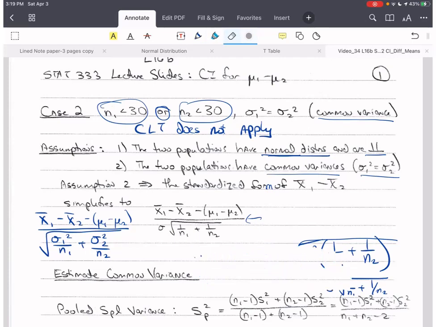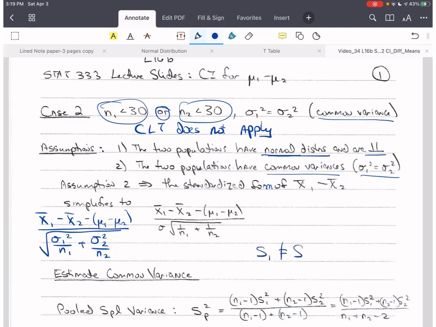Now, the problem is we don't know sigma. So we can't just use S, because just because sigma is statistically the same, that doesn't mean that S1 is equal to S2. Sigma 1 equal to sigma 2 does not imply that S1 is equal to S2.